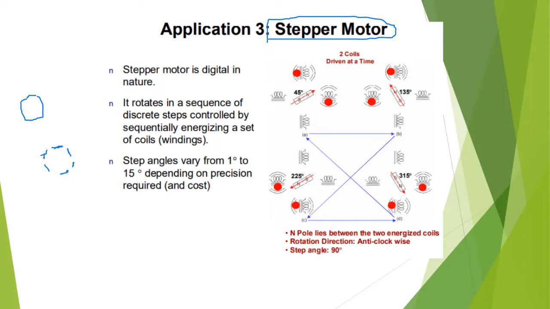The step angle also varies, from 1 degree to 15 degree, depending on how precise we need it. If you think about a dot printer, you can get it very nicely. The dot printer makes a jump, jump, jump, even though it is not an angular rotation but a linear one, it works that way.